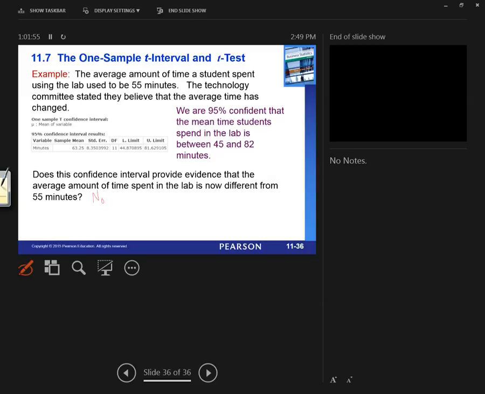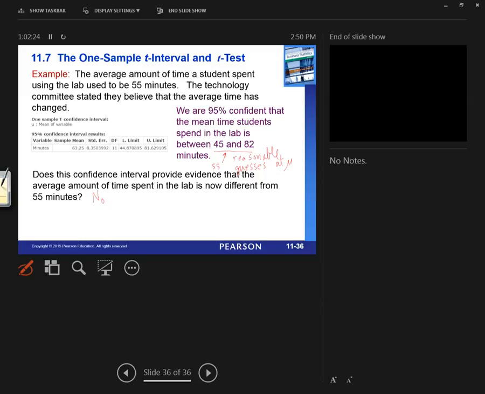And the why, which is important. Between 45 and 82, these are reasonable values. These values are reasonable guesses at what the true mean is. And 55 is in there. So 55 is a reasonable possibility for the mean time.